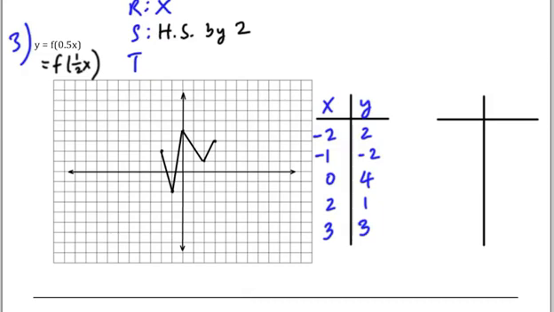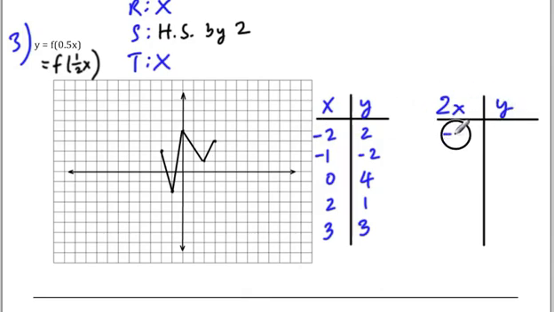And finally, when we look at the translation, we don't see any translation, so basically there's no translation. So the only transformation here is the horizontal stretch by 2. So let's see how that affects the points. What that means is all the x's get multiplied by 2, the y's stay the same.